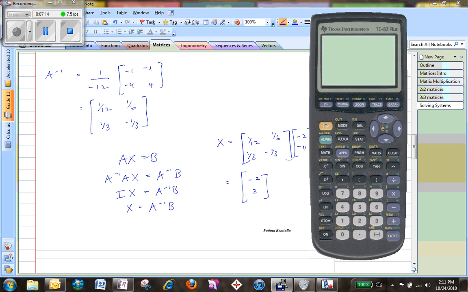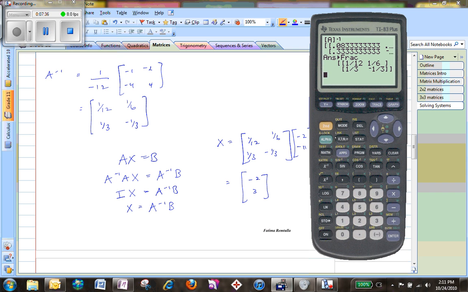Now, second matrix. I want this 2 by 2 matrix. I want to check the inverse of it, let's say. For example, that's great. It's in decimals. So math, frac, and there are my answers. Notice that this and the inverse that I have on my page are the exact same. That's great.